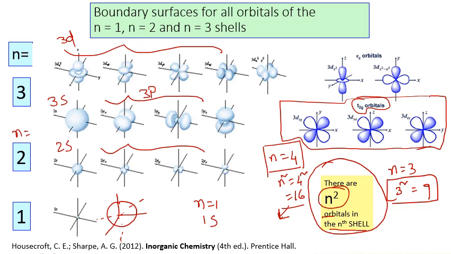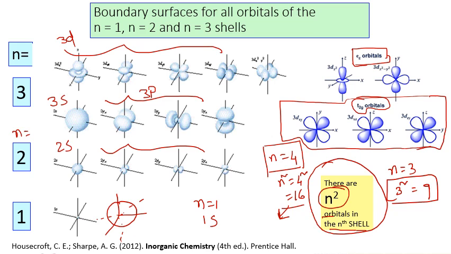And the other 2 orbitals, that is 3dz square and dx square minus y square. You can see that their shape is quite different from these 3 orbitals, and these 2 orbitals are called eg orbitals. Now in the 3z square orbital, you can see that the 2 lobes are there along the z axis.